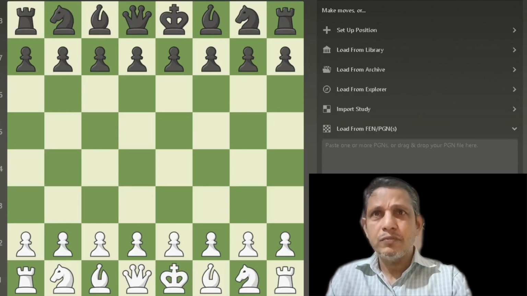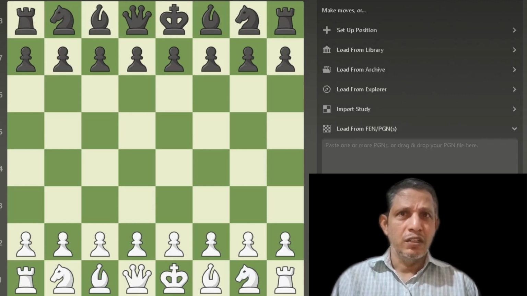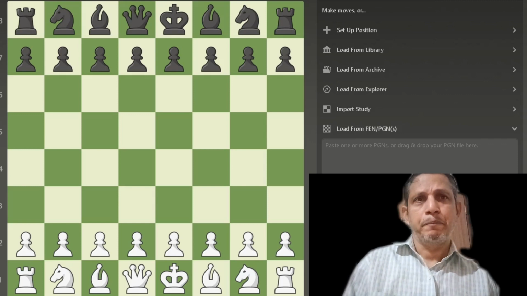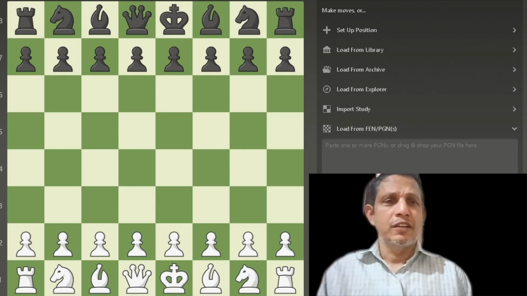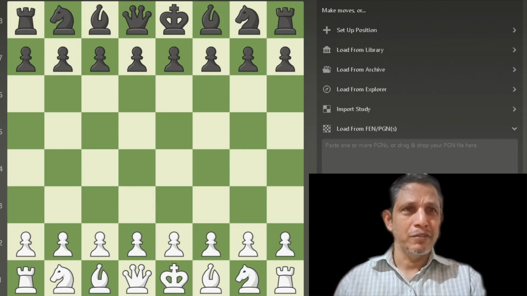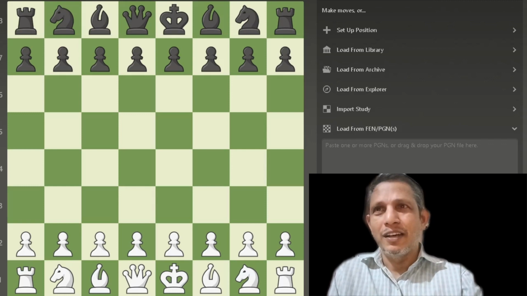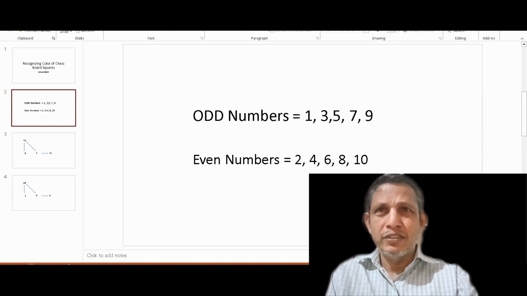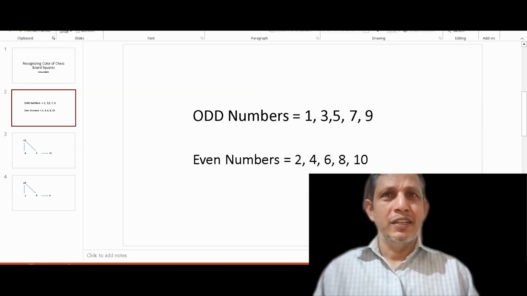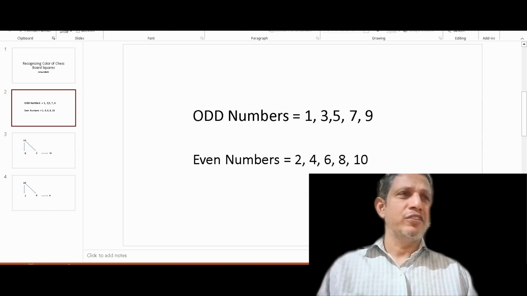So what we are going to do is recognize the color of each square on the chessboard, and to do that, I have to remind you of some basic math that you learned when you were a small kid. The one thing I want you to remember is odd numbers and even numbers. Why is this important?